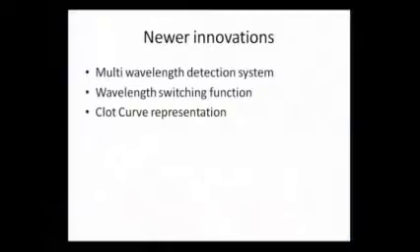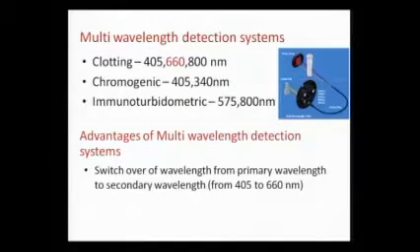So what are the newer innovations that we are trying to get into coagulometers, which may probably bring the test closer to physiology? You have the multi-wavelength detection system, the wavelength switching function, as well as the clot curve representation. The multi-wavelength detection system is basically the fact that there are multiple wavelengths in a coagulometer, and there are selected wavelengths for certain methodologies.